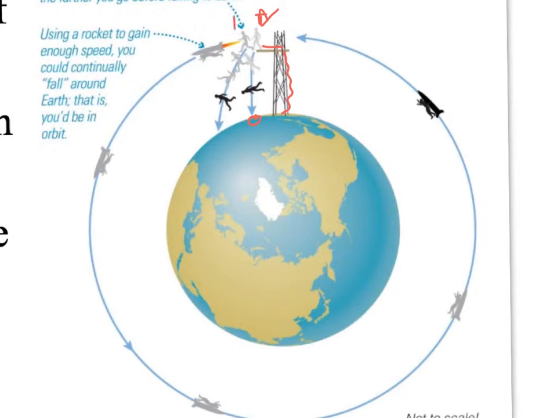Now in B, he's going a little bit further, and so he falls to the ground a little bit further away from the Earth's surface. And in C, notice he got smart, and he got a running start, so he's going on that ramp, he's got a backpack, okay, and so he's got a jet pack.